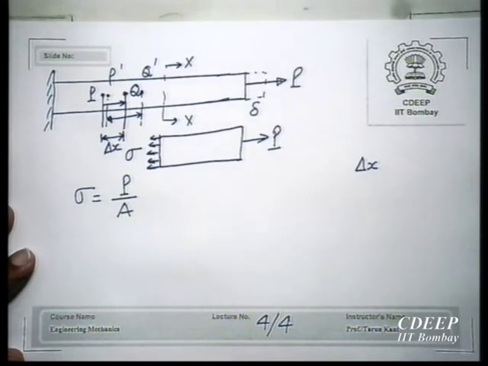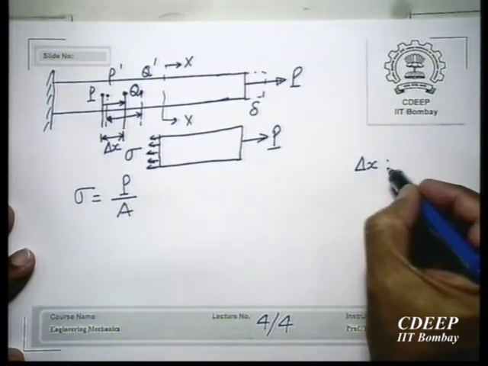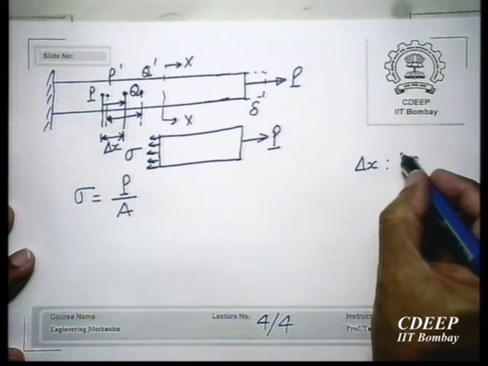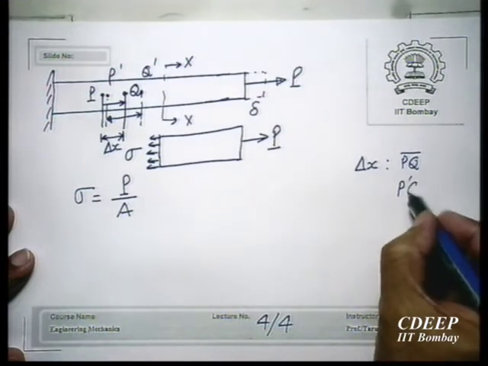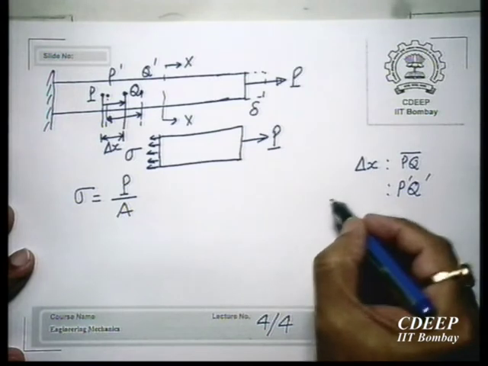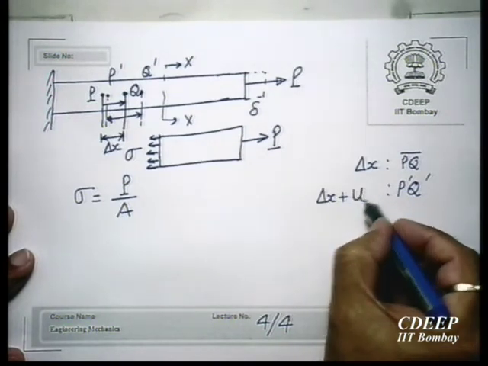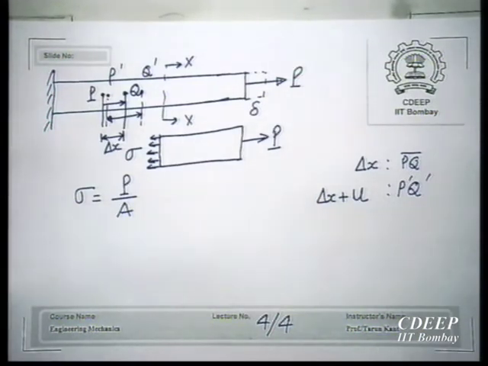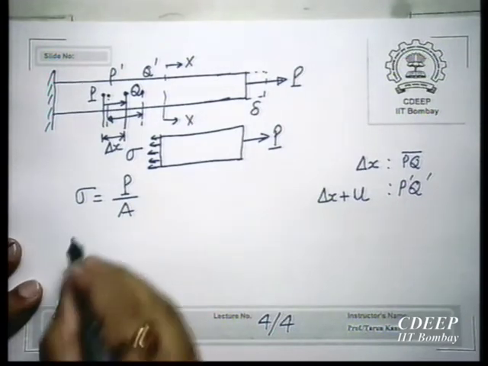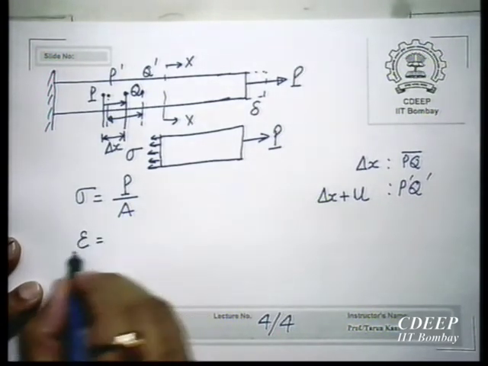And after deformation, the distance between P dash and Q dash has changed. So, delta x has undergone a change, and let us call that delta x plus u. We know that strain can be defined as change in length divided by original length.